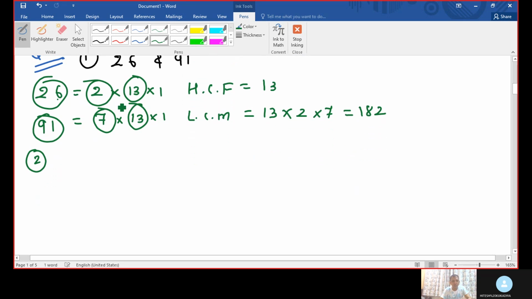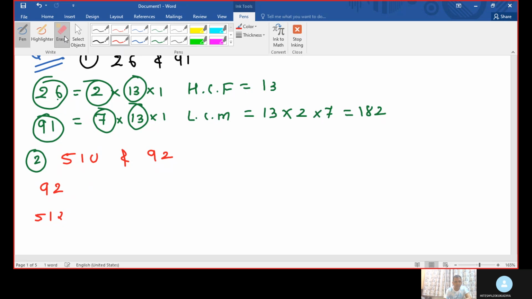Now we discuss the second sub-question. Look here: 510 and 92. Now factorize. You can write any one number first, no problem. First one, 510.